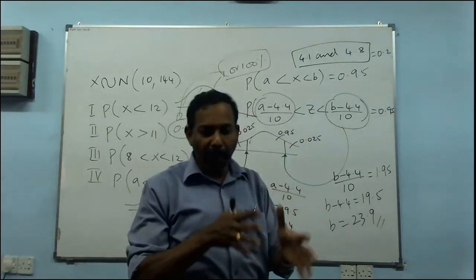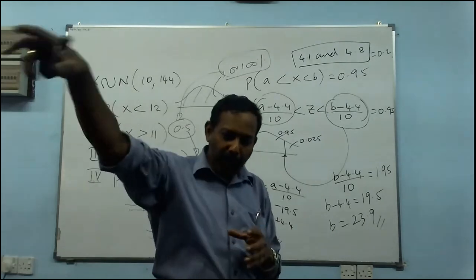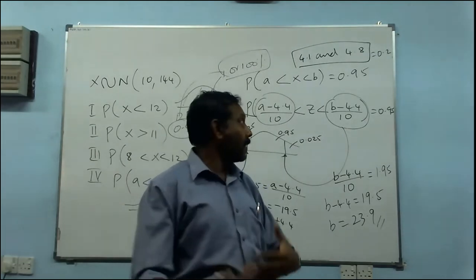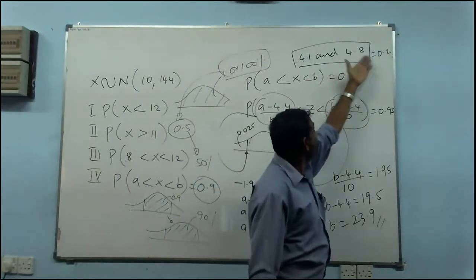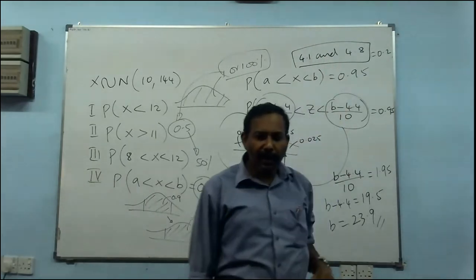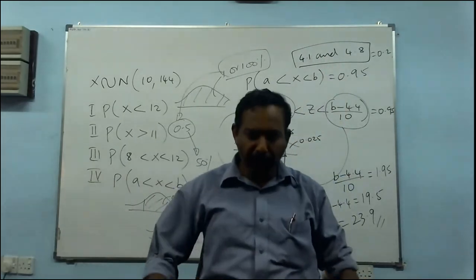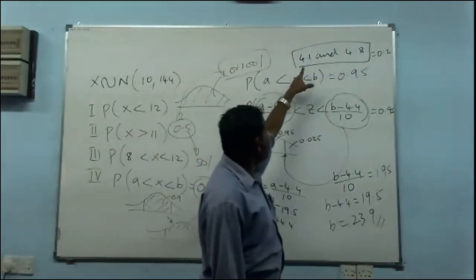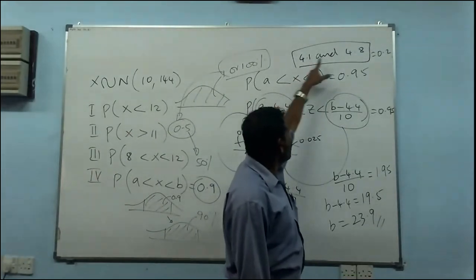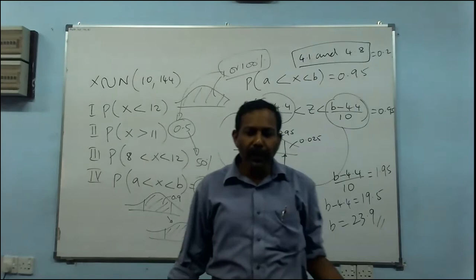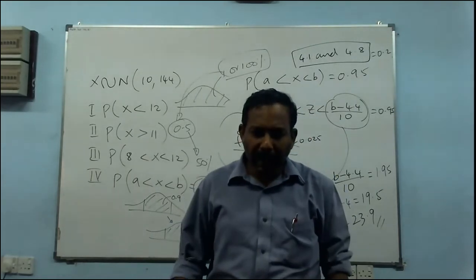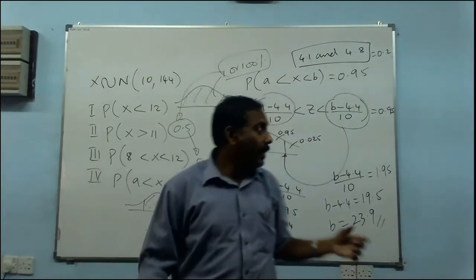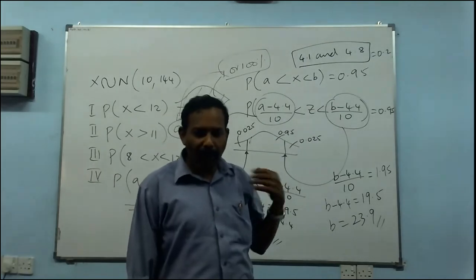Probability we calculate, but when you explain, you try to explain in a way that everybody should understand. So we can say 20% of the farmers are having yield between 4.1 to 4.8 metric ton per hectare. This brings some meaning. But if we say the probability is 0.2, will it make sense for people who don't know probability? No. But as a statistician, we know.